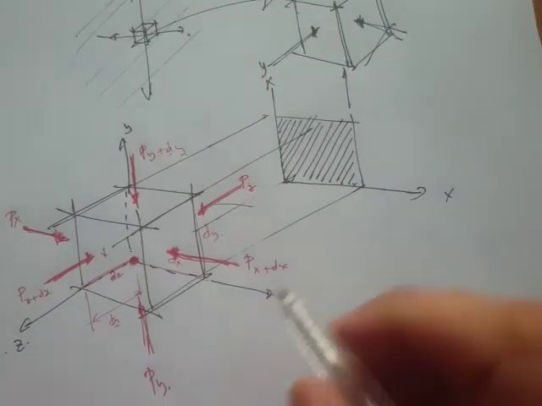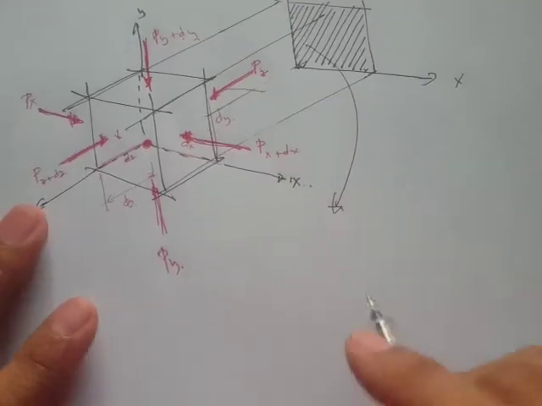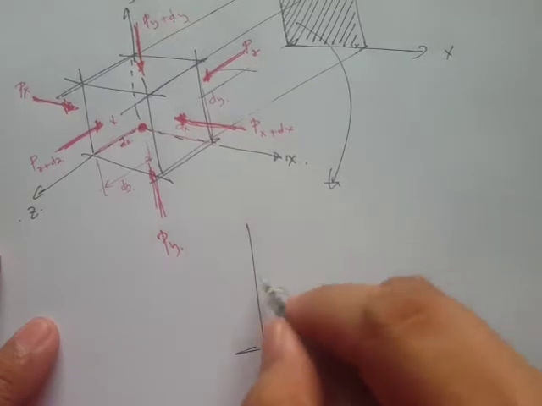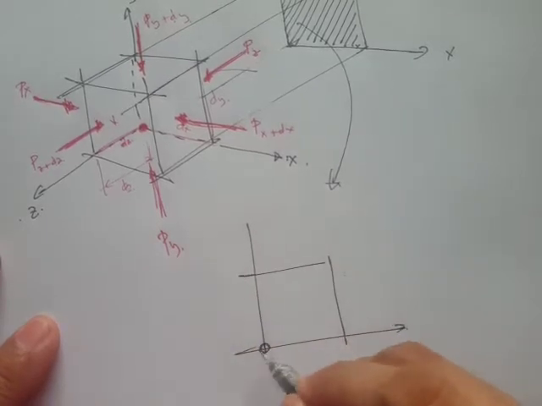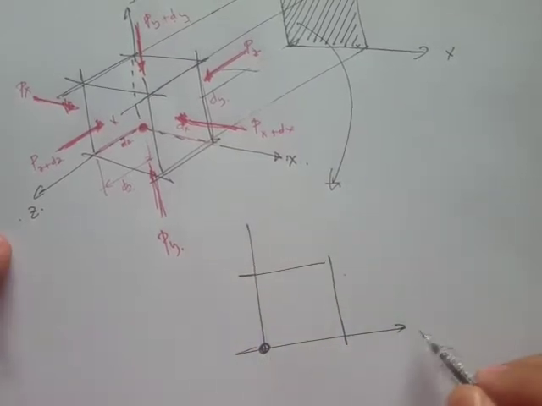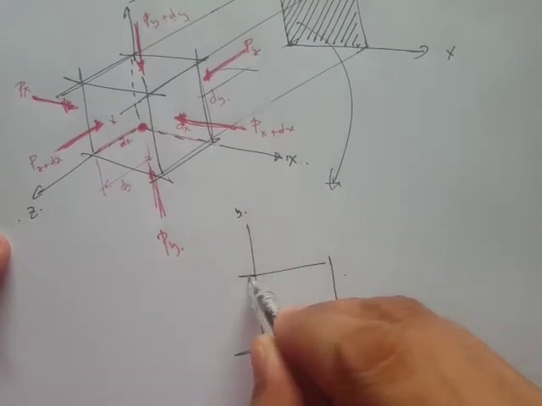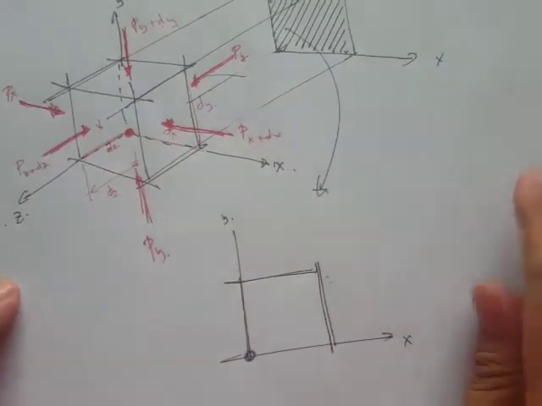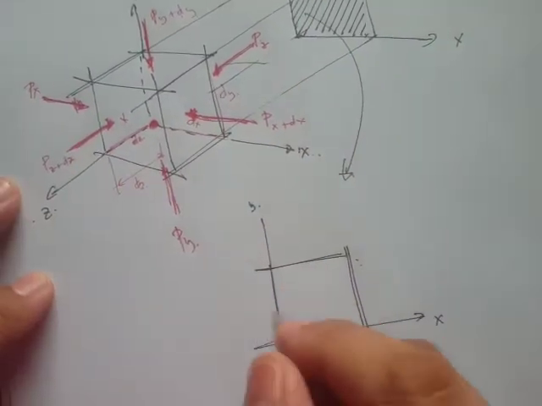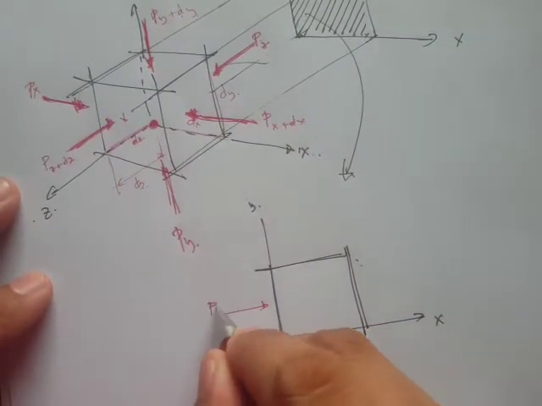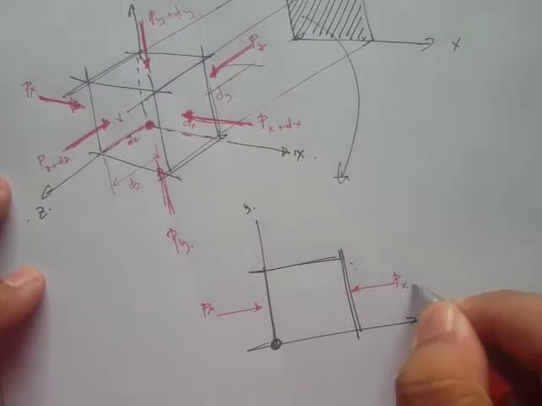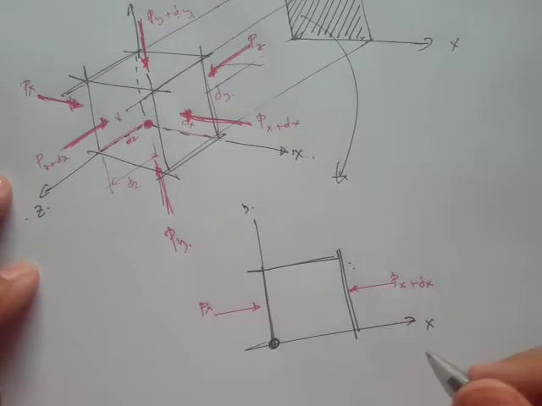Okay, so now let me rewrite it here. So this is our origin, this is our x, and then this is our y. And if we project the forces, we have px, and here px plus dx.